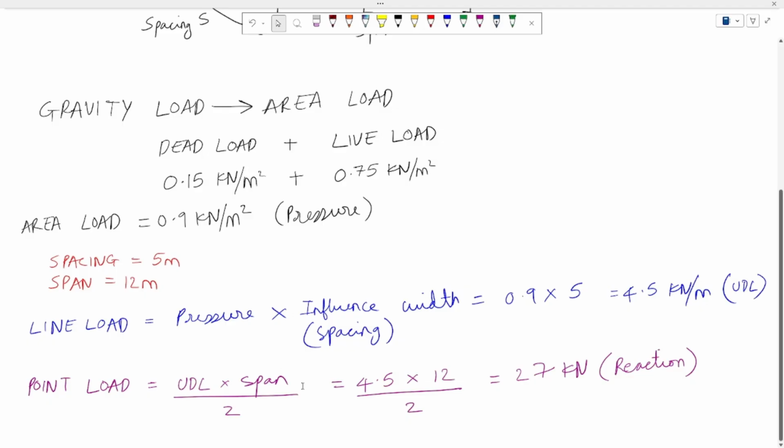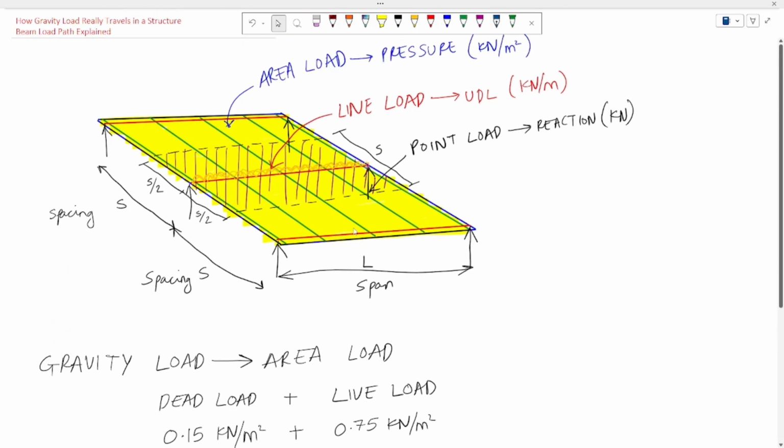Now let us quickly assign all these values to our structure and see how it flows. The pressure on our roof in the form of gravity load is 0.9 kN per meter square. This pressure travels on our beam in the form of UDL and the value is 4.5 kN per meter. This UDL moves on the beam in the form of reaction with the value 27 kN.